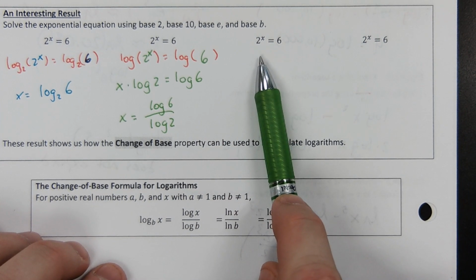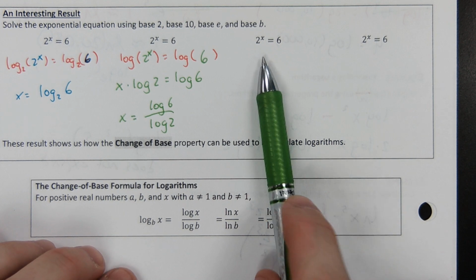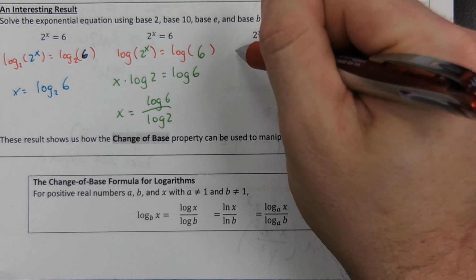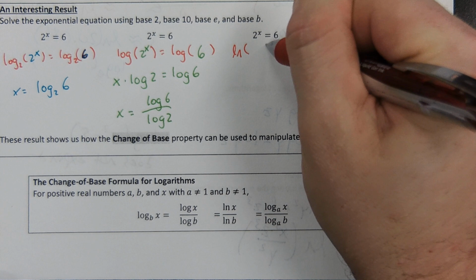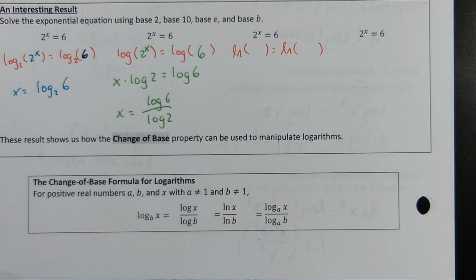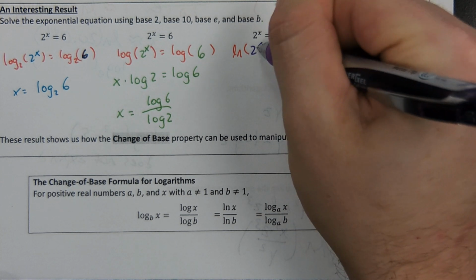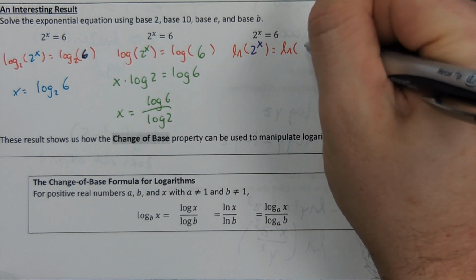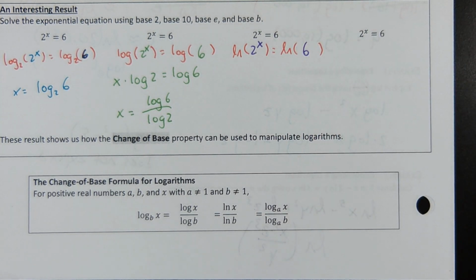This one I want to solve using log base e, which is ln. So I'm going to take the ln of both sides. The natural log does not cancel the exponential base 2.